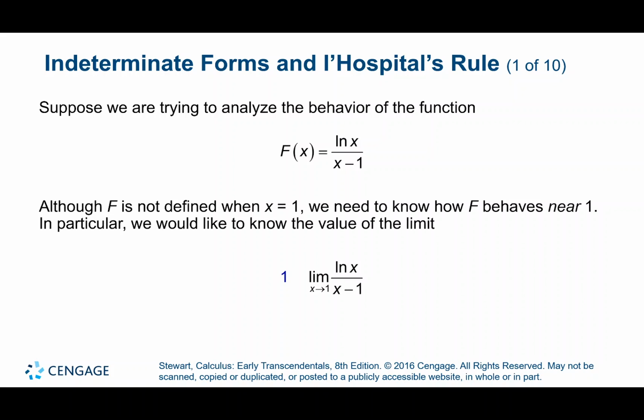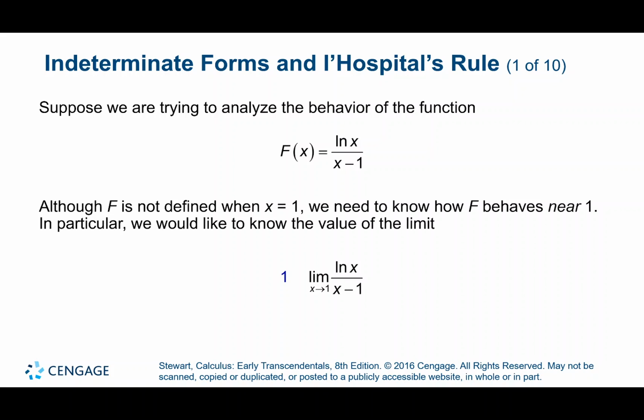Here's our situation. We've got some kind of function. Maybe we want to know the limit of this thing as x approaches 1. If you think about direct substitution, we run into a problem right away, because in the denominator we get 0.